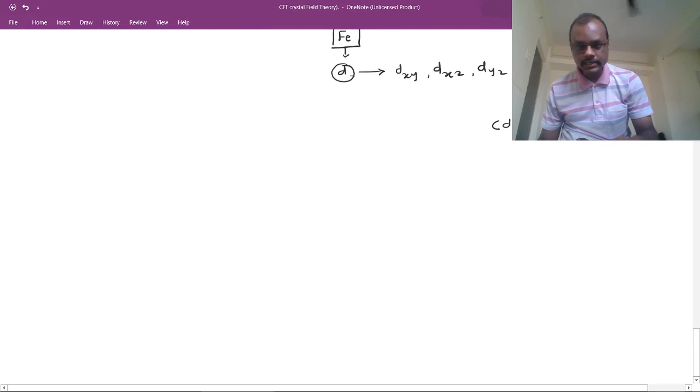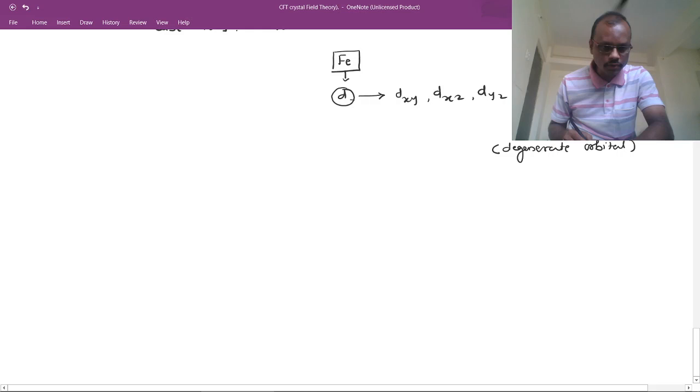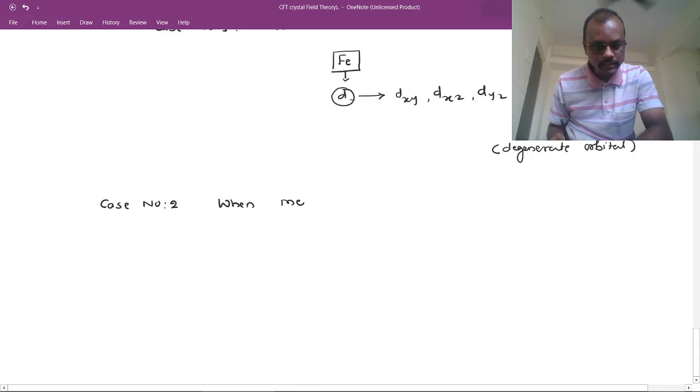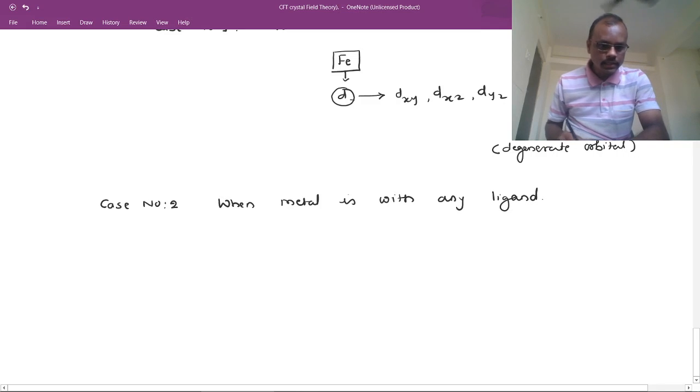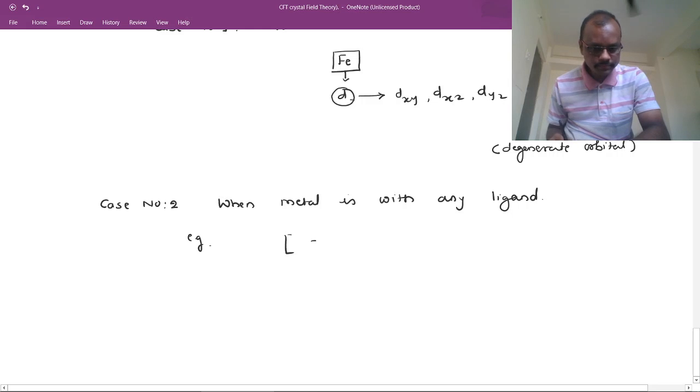The second case that I am going to consider, which is very important and has been considered in CFT, is case number 2, when the metal is with any ligand. Again I am going to take the example Fe(H2O)6 2+.